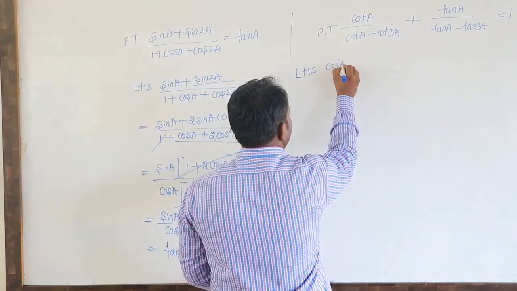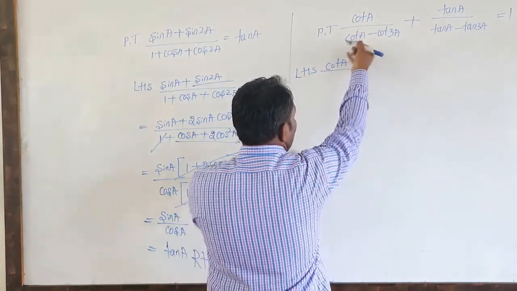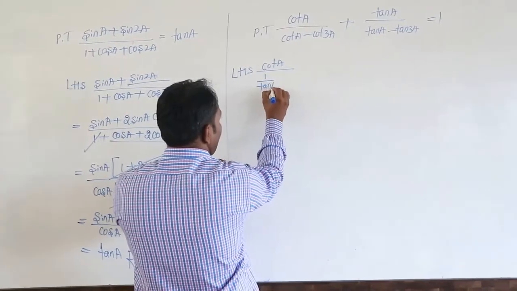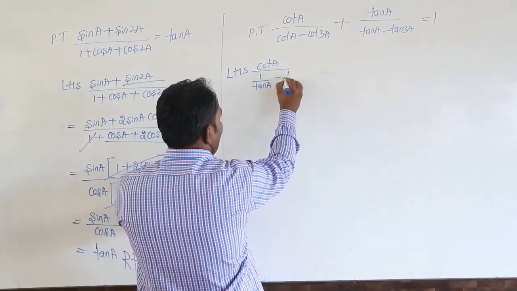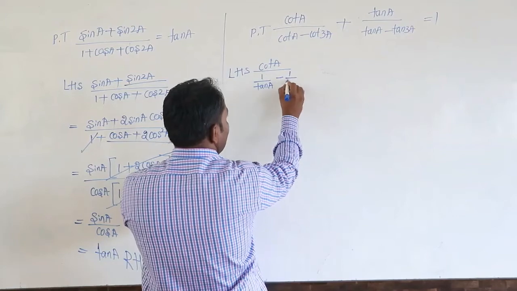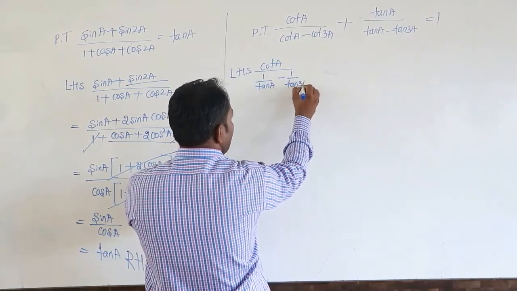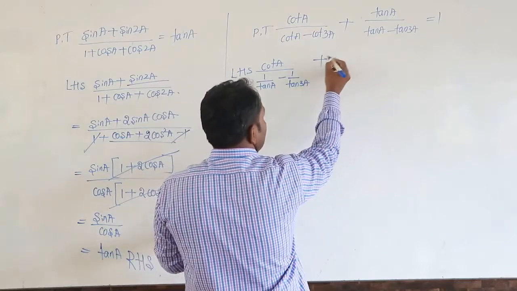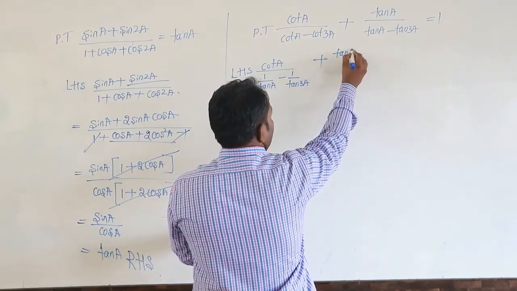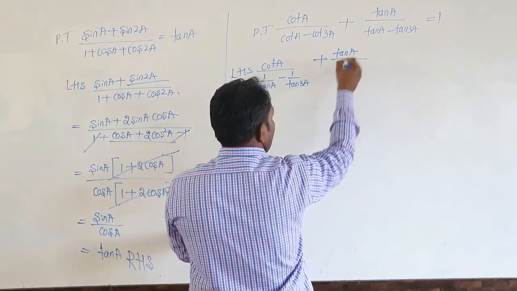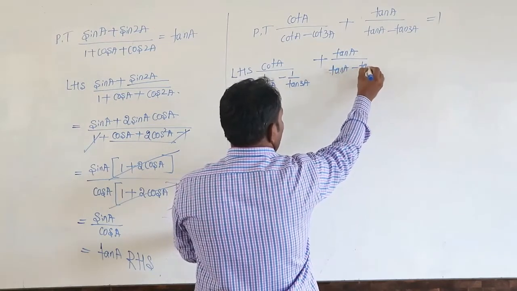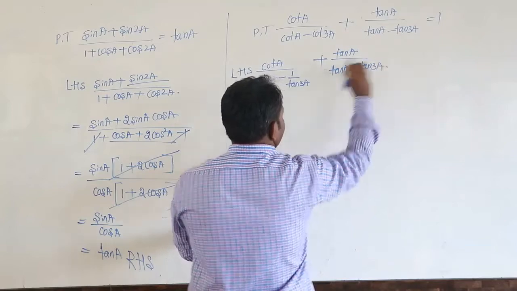Cot a divided by, cot a can be represented as 1 divided by tan a, minus 1 divided by cot 3a represented as tan 3a, plus tan a, this term is as it is, divided by tan a minus tan 3a.